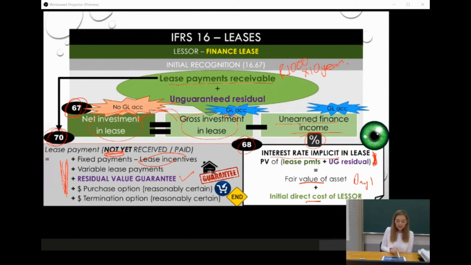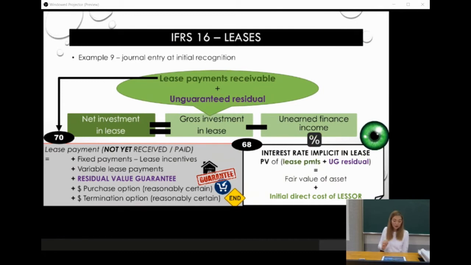So paragraph 67 tells us how to account for this lease at initial recognition. Paragraph 68 says that we should use the interest rate implicit in the lease, and paragraph 70 just reiterates again what the lease payment amounts are that will be included.